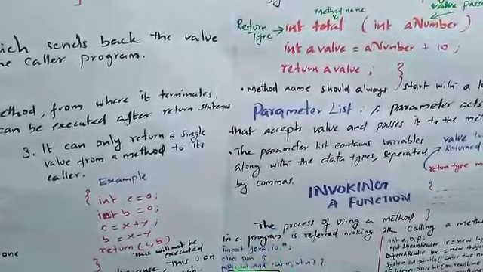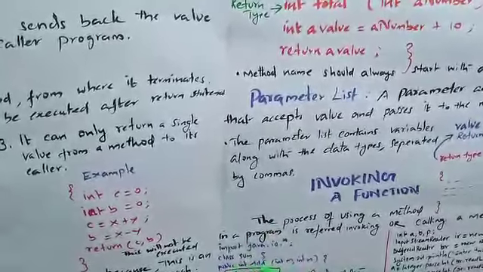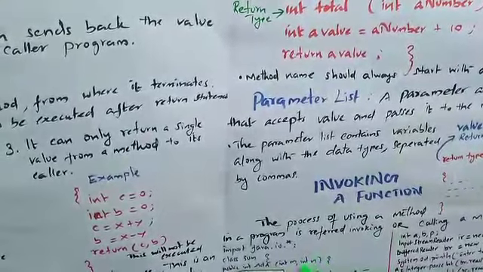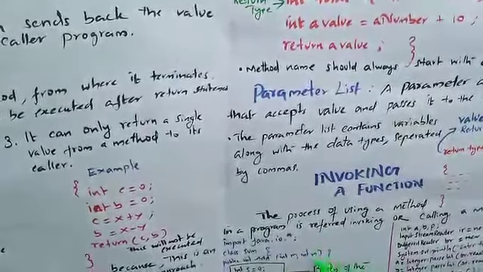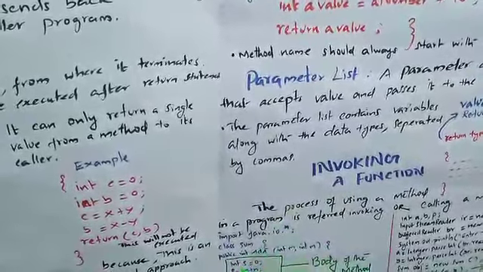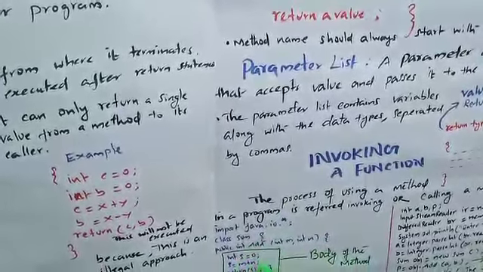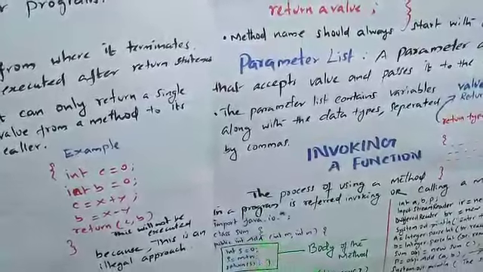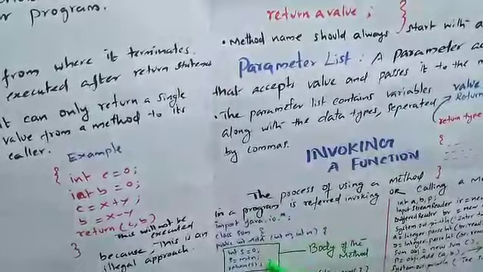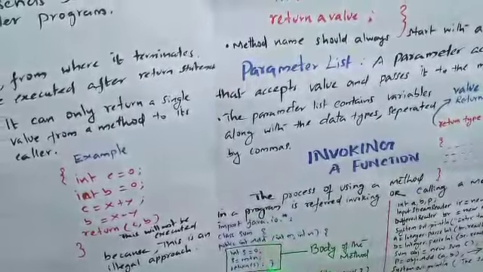Write public int add(int m, int n), two variables of integer data type. Then open the curly bracket. Now write int s = 0, s = m + n, then return s. So this part is your function.